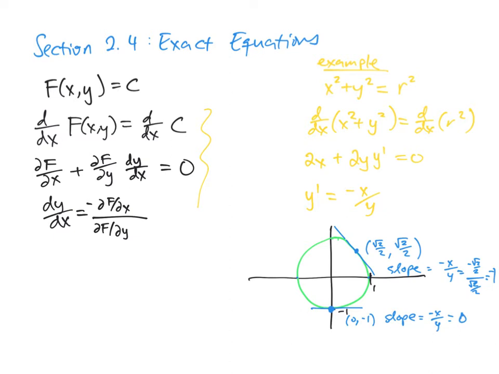This last equation we can rewrite by cross multiplying and then adding the terms over to the same side. We end up with our partial of f with respect to x times dx, plus our partial of f with respect to y times dy, equals 0.